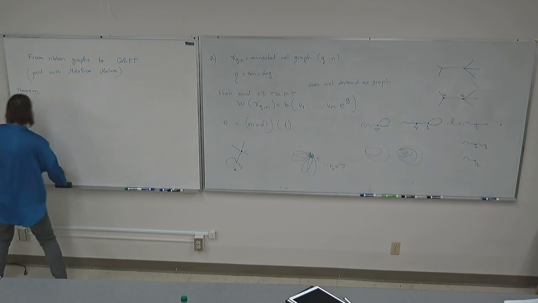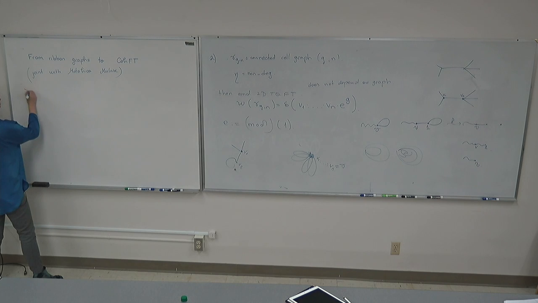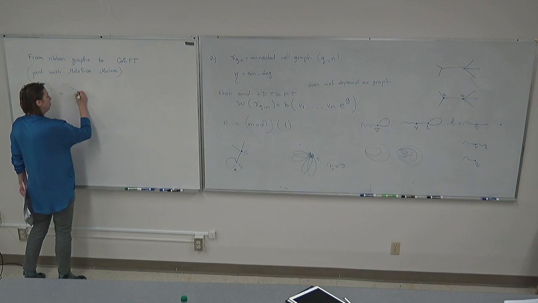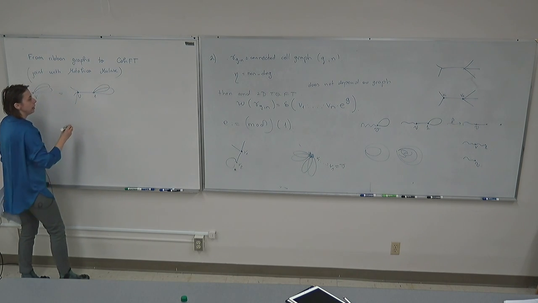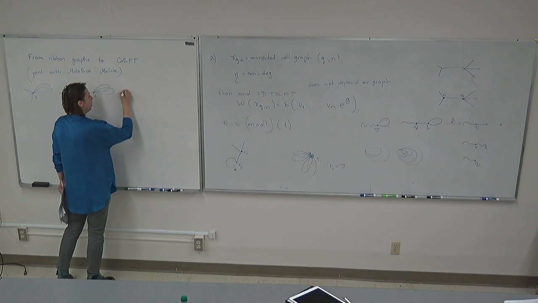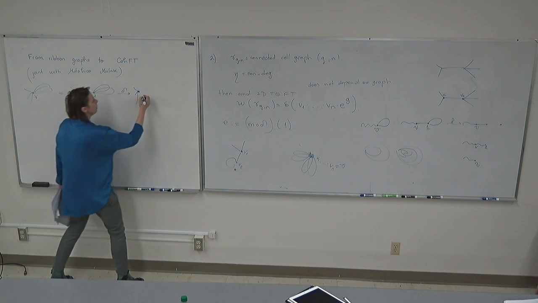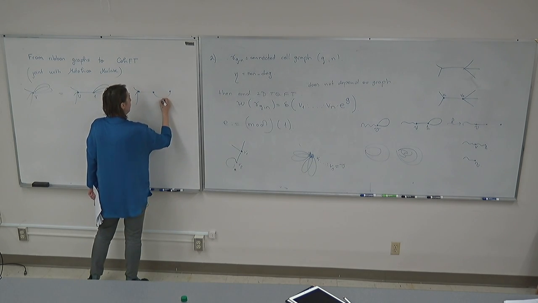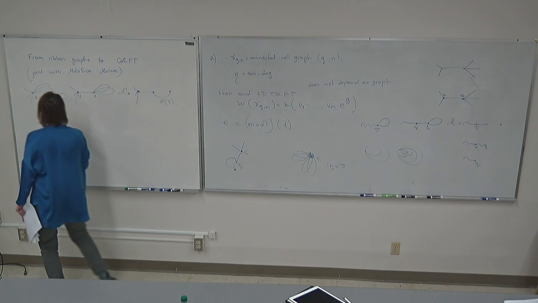So for example, I may start from a cell graph like this, and here I have a loop, and I can interpret this as, well, this is V and this is 1, and now I can apply the co-multiplication, and I'm going to get something like this, and then I'm going to apply the co-multiplication again.